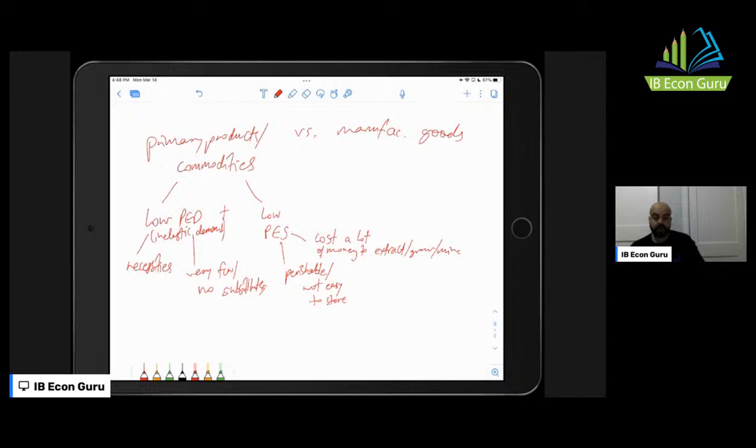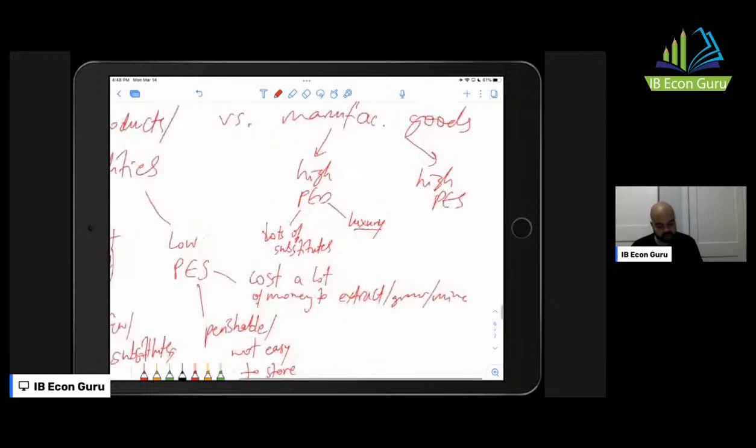Okay? Manufactured goods, on the other hand, tend to have high PED and high PES for different reasons. High PED because they tend to have lots of close substitutes, and they tend to be more on the luxurious side of things. They tend to be luxuries rather than necessities.